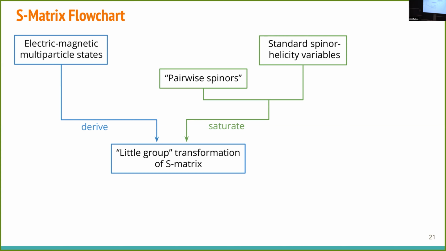It's going to be the same thing here, only instead of putting in the information that I'm scattering the fermion and the scalar, I would also have to say what their e times g is, which we call the Q, the pairwise helicity. So the pairwise helicity now comes in as an input from which you can derive the required transformation rule of the S matrix.